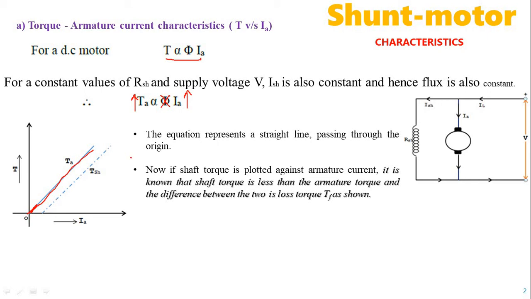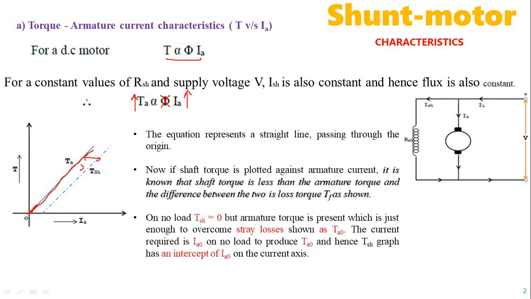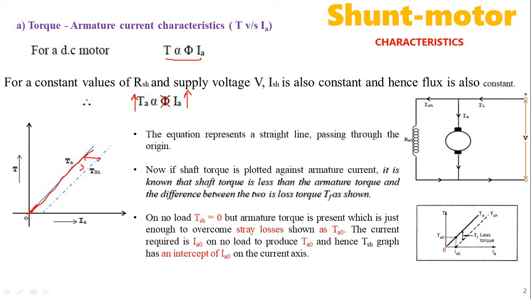Also you can say armature torque is always greater than shaft torque, and the difference between shaft torque and armature torque we call loss torque, denoted by T suffix F. On no load, that is at this point, the shaft torque is zero.